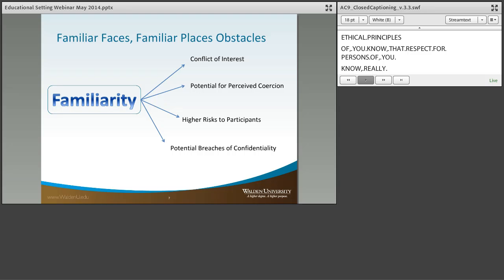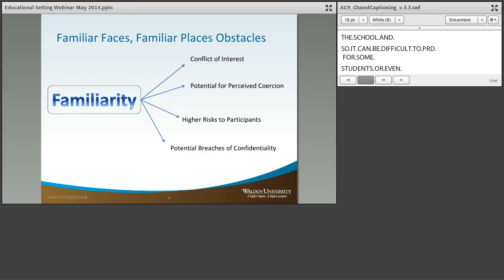Even if it's a teacher who is very well known or very well liked, if they're asking students to participate, despite how well known and well liked they are, they are still an authority in the school, and so it can be difficult for some students or even parents to say no or to give honest answers. Those are just some things that researchers need to keep in mind.